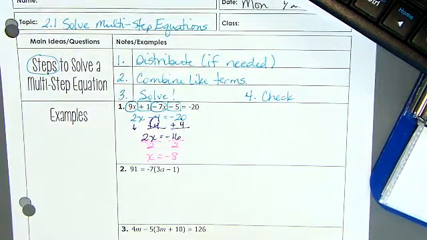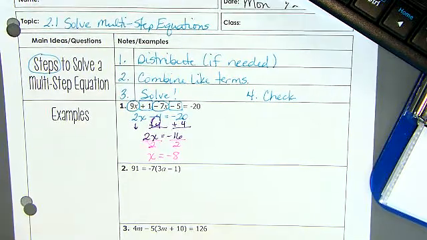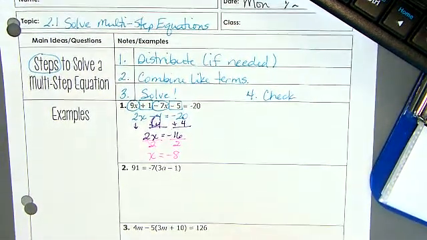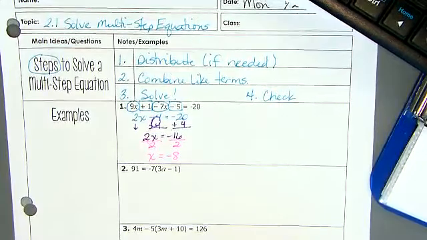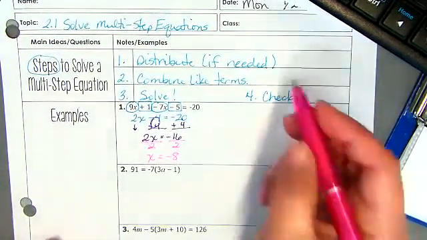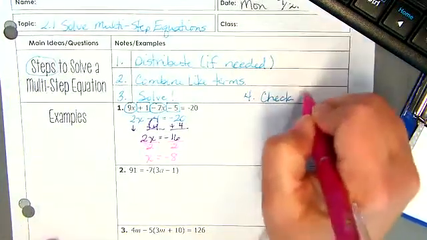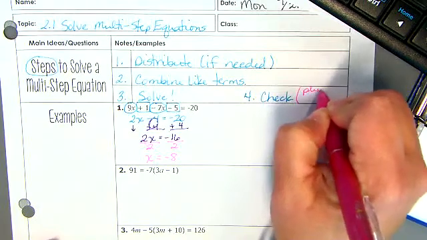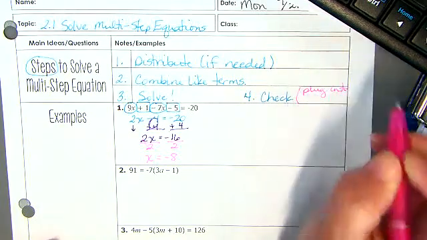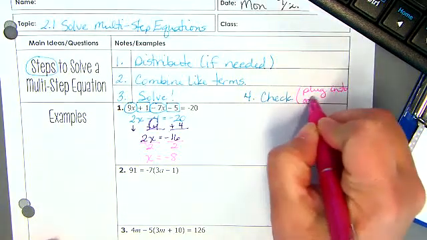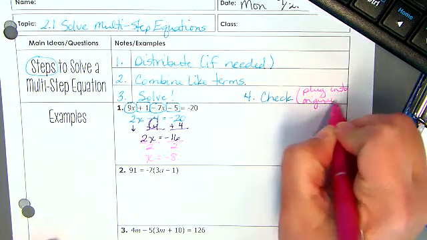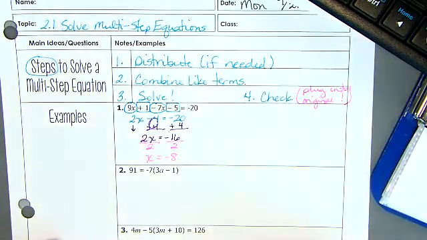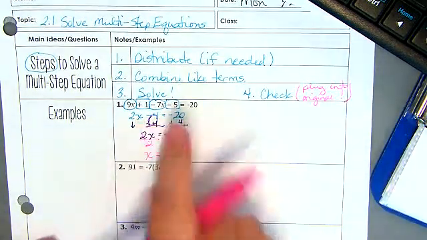I'm trying to see why it's a little blurry. I guess it's okay. All right, so to check, we plug into the original. Always plug into the original equation. You always plug into the original, not the one that you changed.